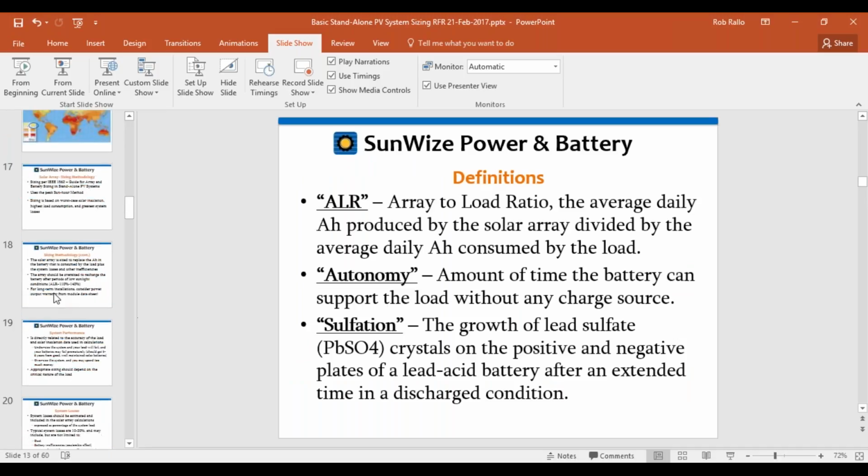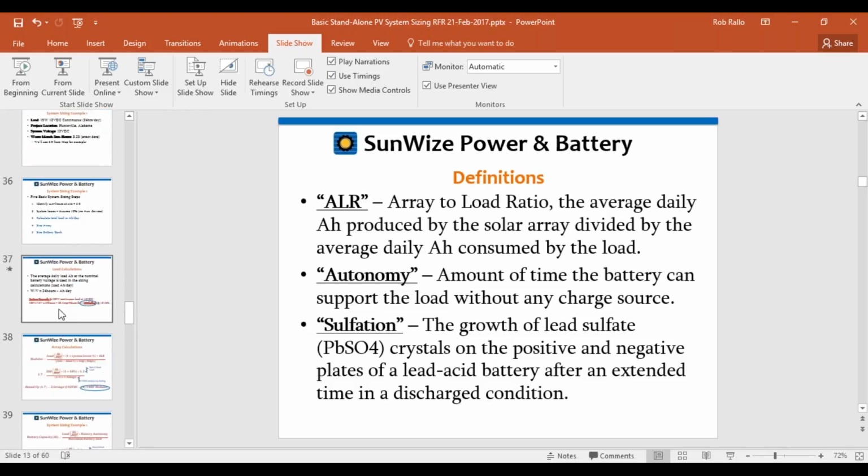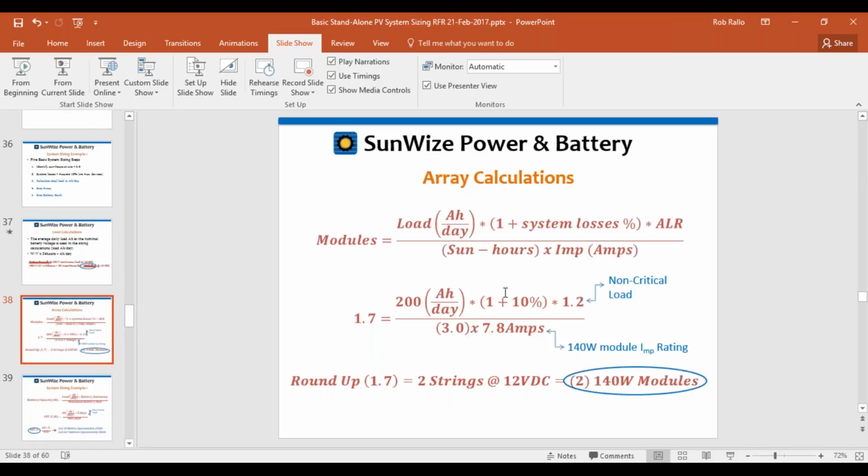Let's just go to our calculations real fast and use this as an example. We know we have two strings of solar modules. So we're going to multiply those two strings by 3 sun hours a day times 7.8 amps.